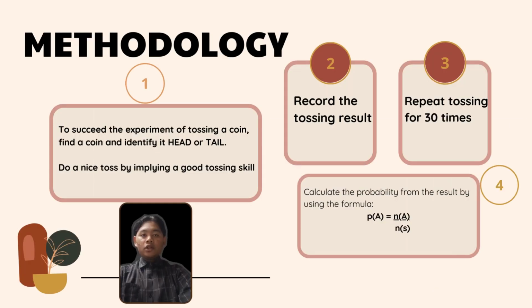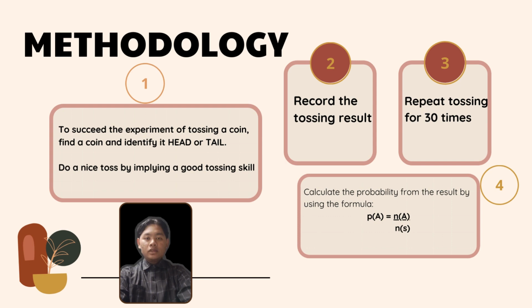The methodology of this experiment is that you will have to use a single coin which has a head and a tail. You will then need a pen or pencil and paper to record the results. You toss the coin and record the result 30 times.